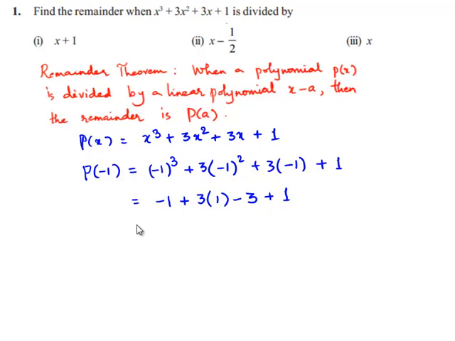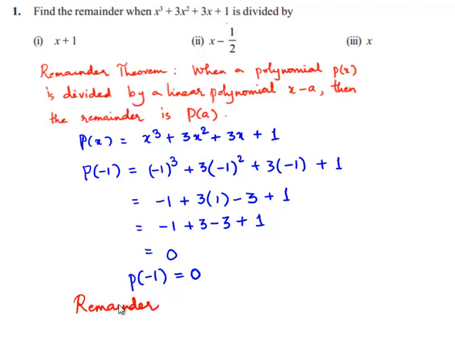This becomes minus 1 plus 3 minus 3 plus 1, which in turn becomes 0. Therefore, p of minus 1 is equal to 0. By the remainder theorem, p of minus 1 is the remainder, that is, the remainder of the given polynomial is 0.